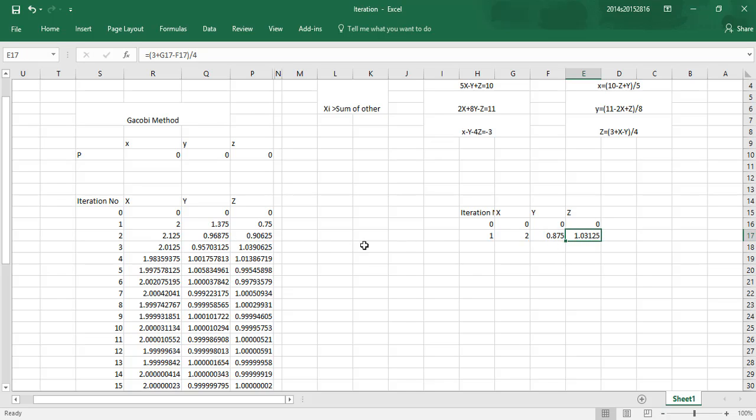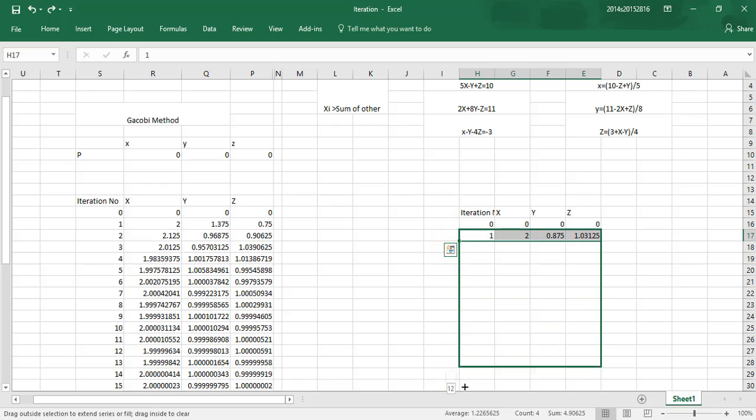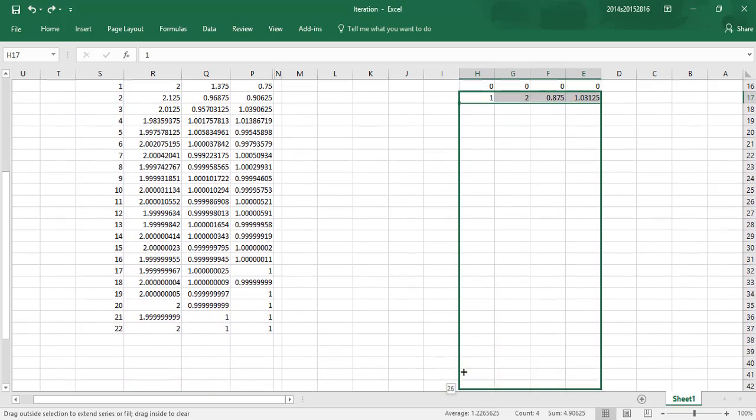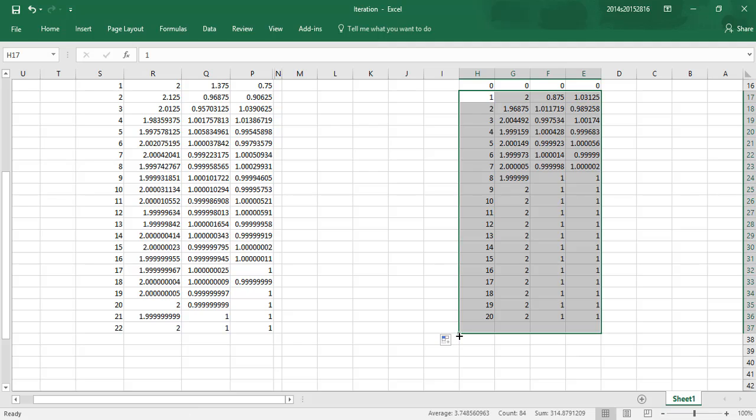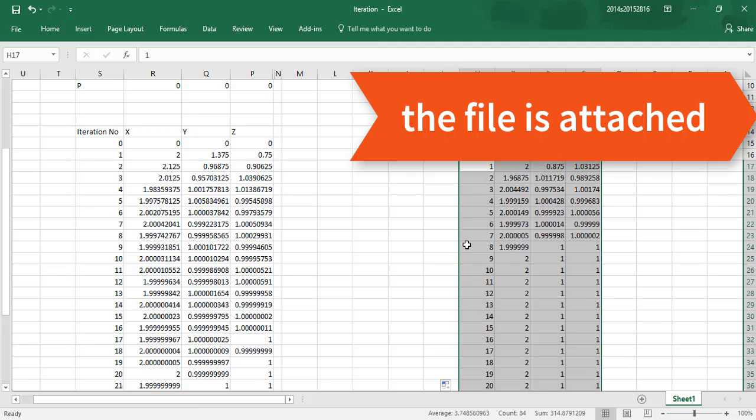Okay, the same we will do here. We will select the 4 cells and we will scroll down until we get the value.